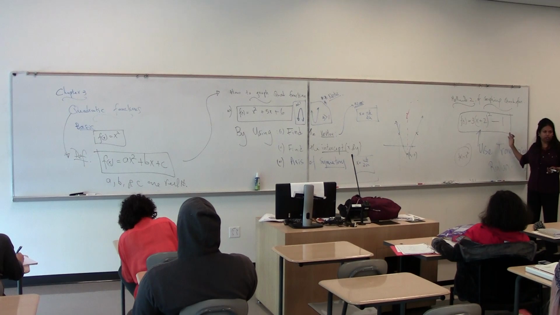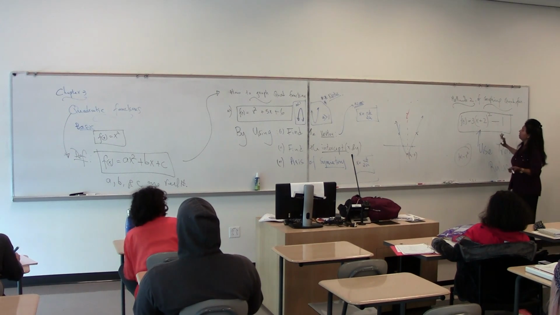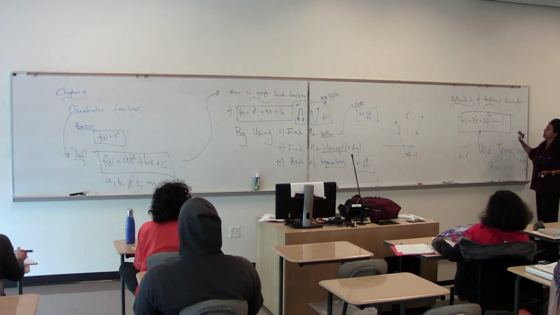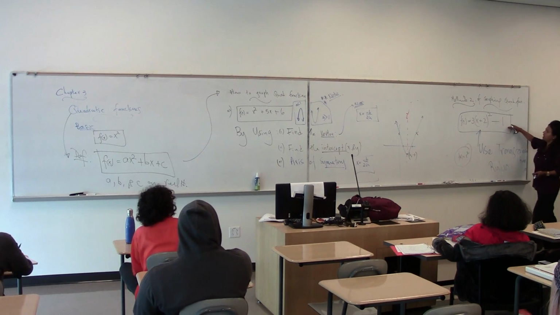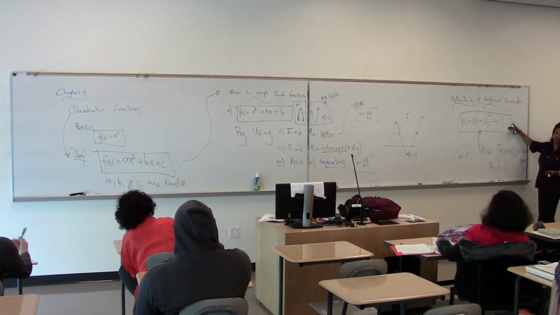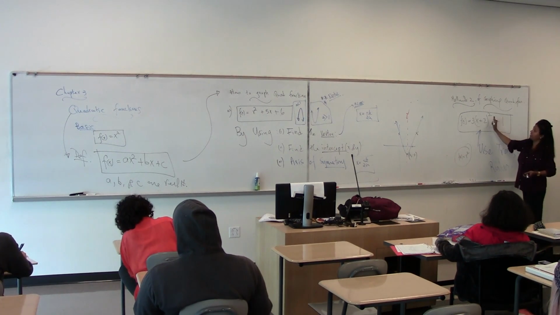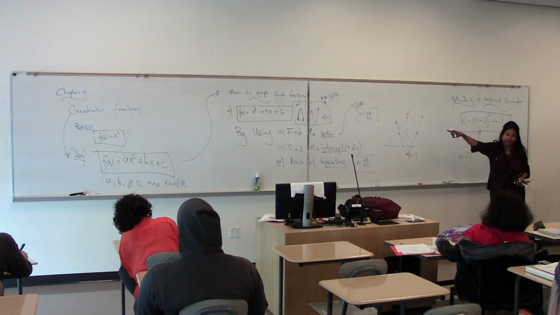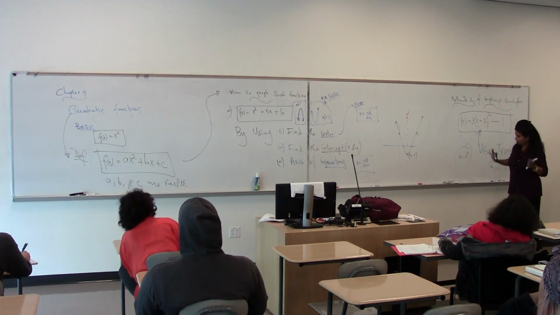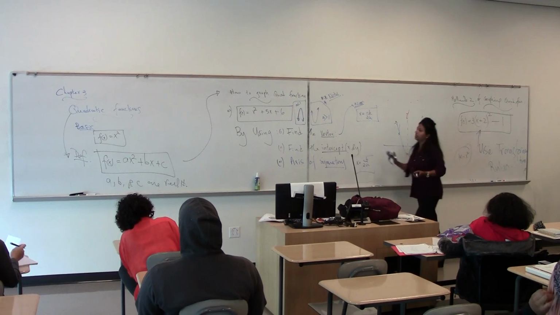For now, we are going to consider that we already know how to graph something like this. This is also a quadratic function. If you simplify this, we can write it like that. So keep this in mind.